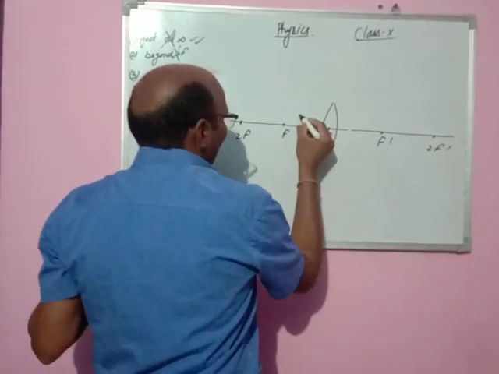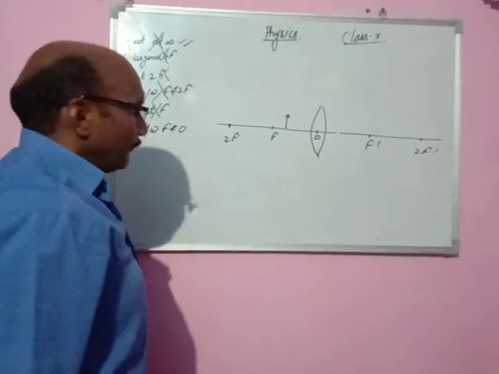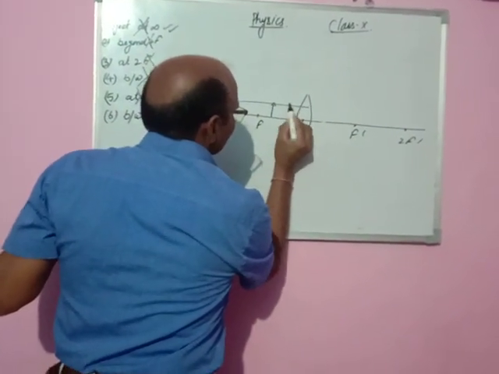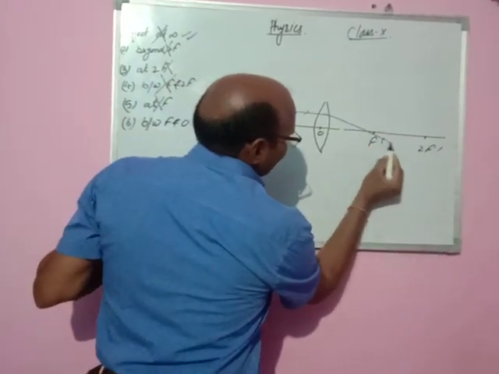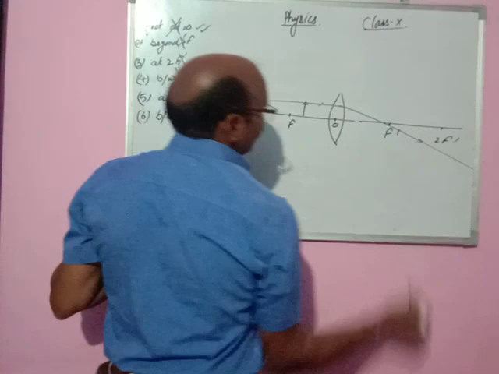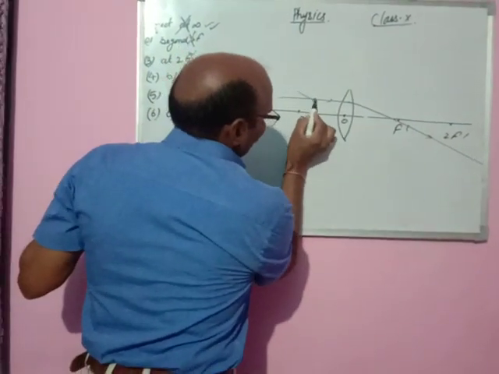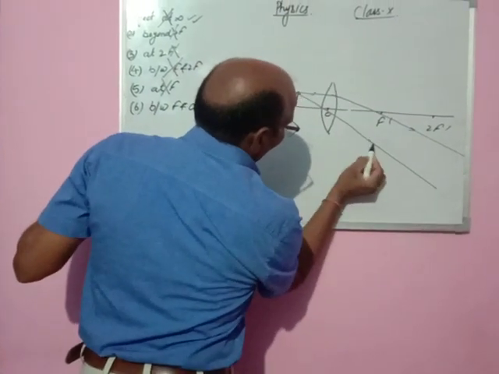Now that object is kept at this point. First light ray, it will come parallel to principal axis. It will go through F dash. One more light ray which is going through O, it will go undeviated.